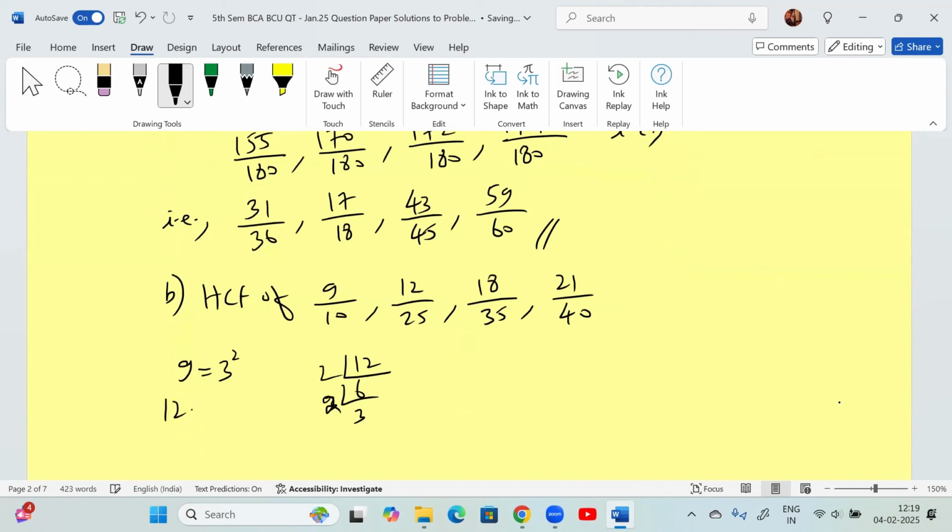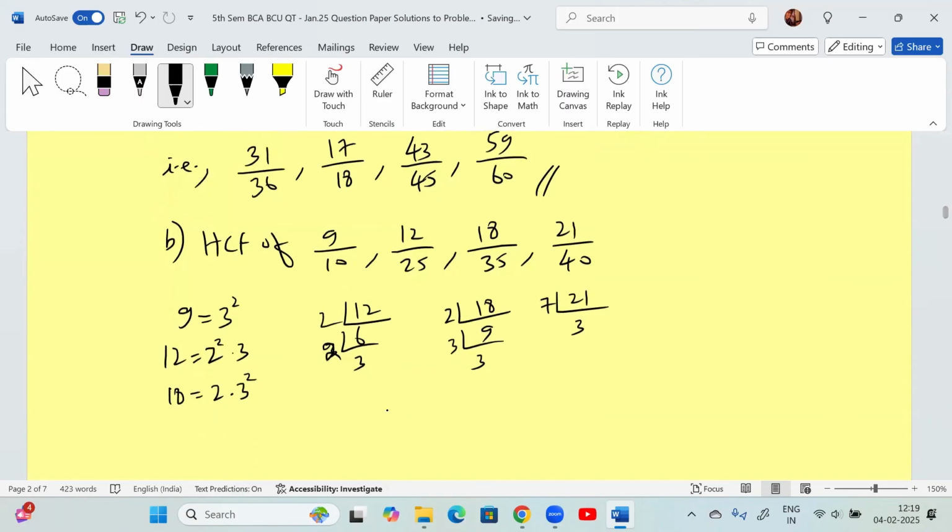So 12 can be expressed as 2 square into 3. Then next one, 18. 2 9s are 18, 3 3s are, which means 18 can be written as 2 multiplied by 3 square. Next, 21. 7 3s are. So 21 can be written as 3 into 7.